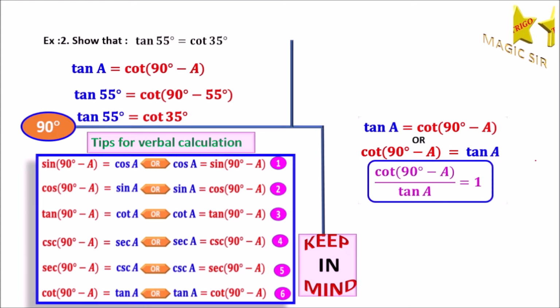So cot of 90 degrees minus A upon tan A is equal to 1.